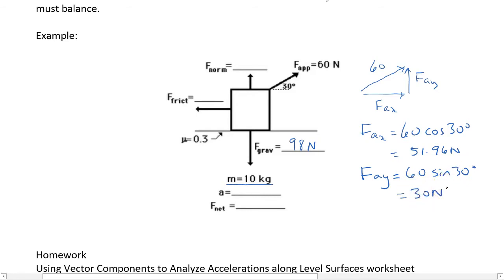So I'm going to draw this here. I'll say my FAX is going to be equal to 51.96, and my FAY is going to be equal to 30.